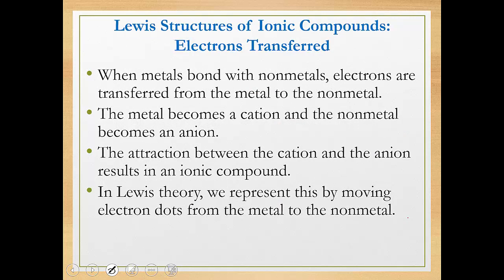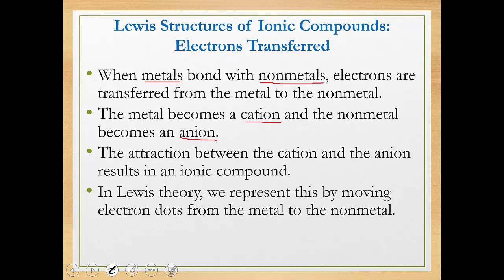So let's start by looking at ionic compounds in this section. So we are looking at electrons being transferred, and that occurs, as we've said many times before, when metals bond with nonmetals. So we've said that the metal becomes a cation, the nonmetal becomes an anion. You know all this already.